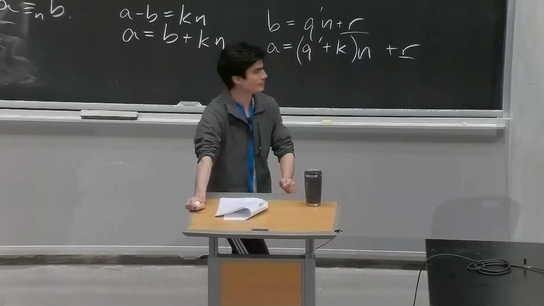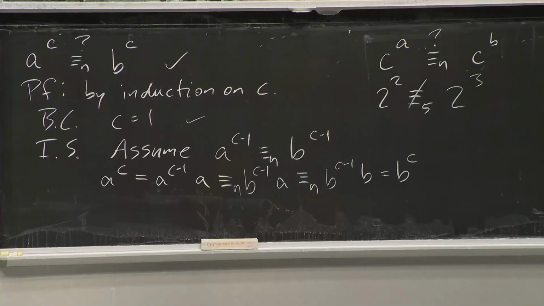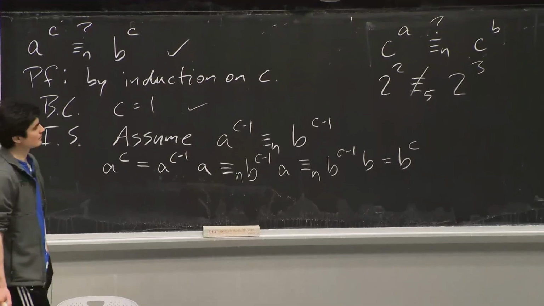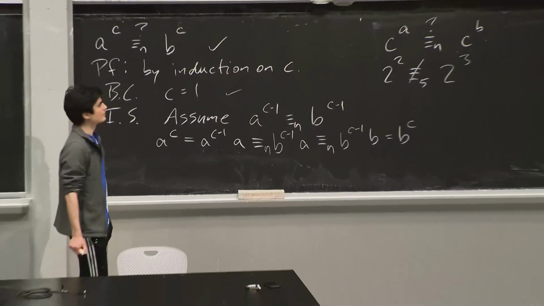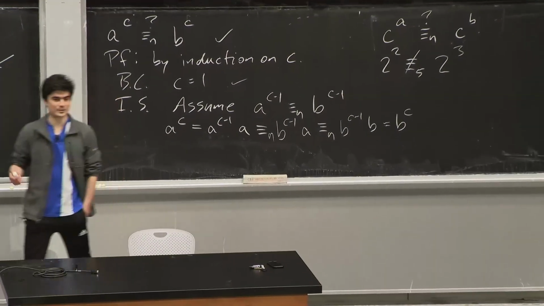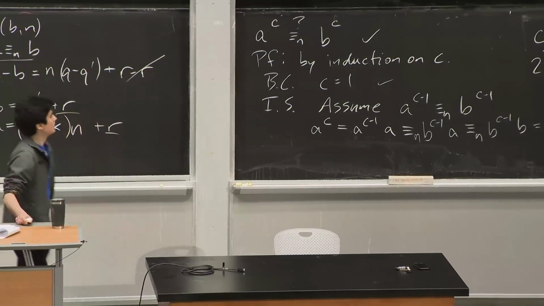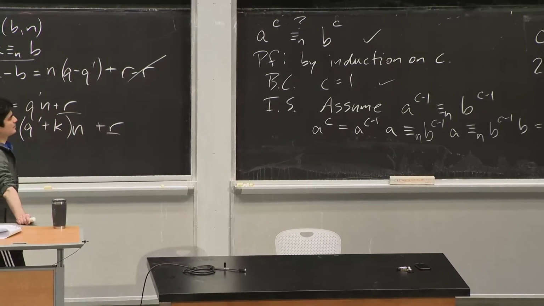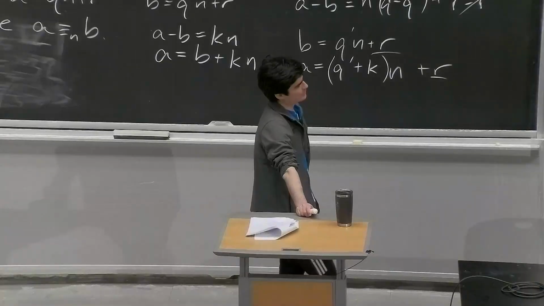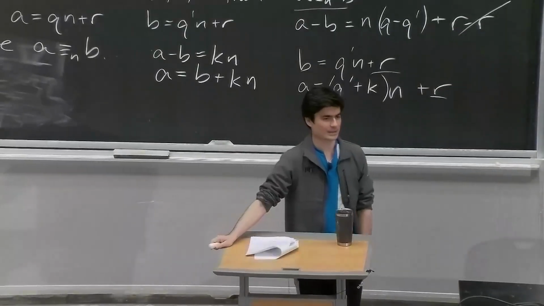I'd split up C to the B into smaller components, and then show that it's equal to C to the A. Okay, what are the smaller components? Factors of C. So what do you want to do with those factors of C?